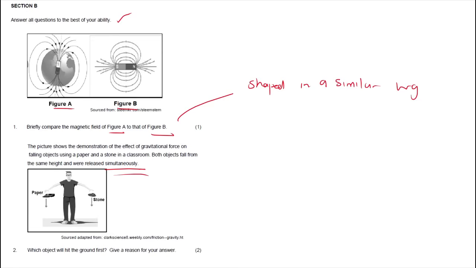Give a reason for your answer. The correct answer will be stone, because it is less affected by air resistance. So the object that will hit the ground first will be the stone.